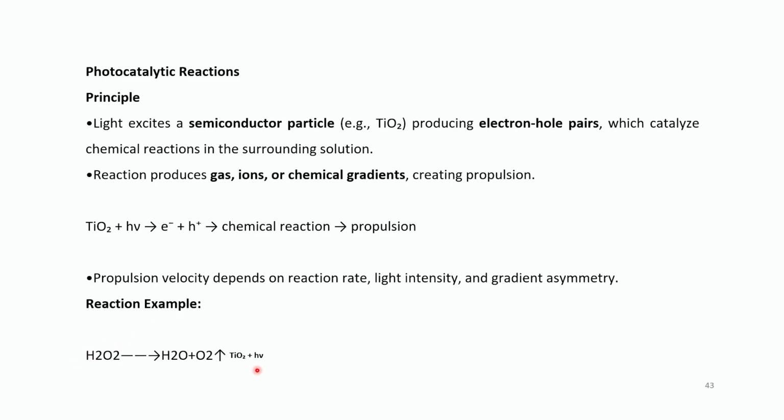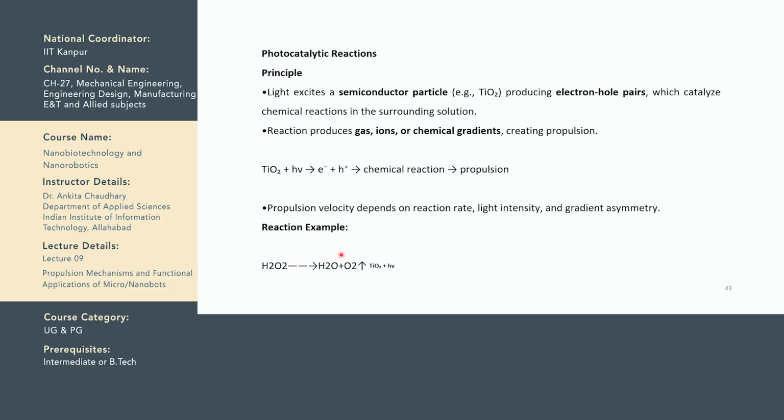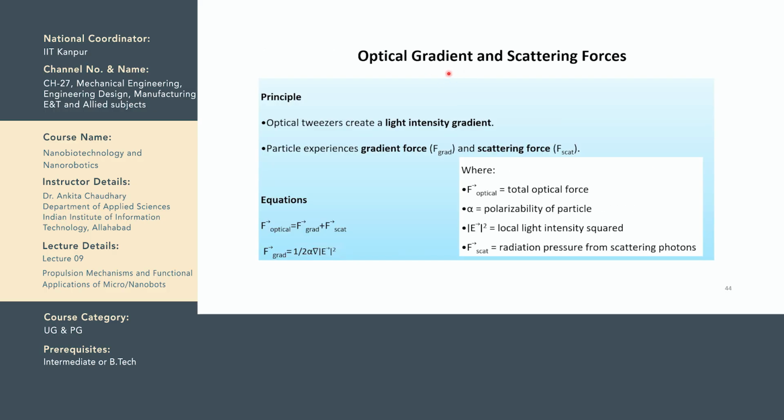Here the electron hole pairs that are generated are going to initiate your reactions. These will create the hydroxyl radicals, and that is going to function for the catalytic degradation of whatever contaminant you are planning to target.